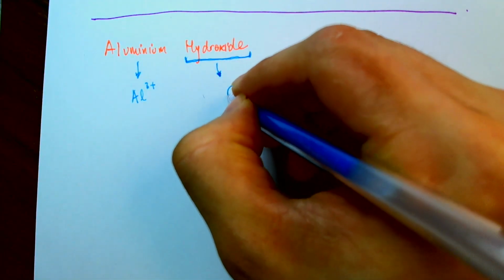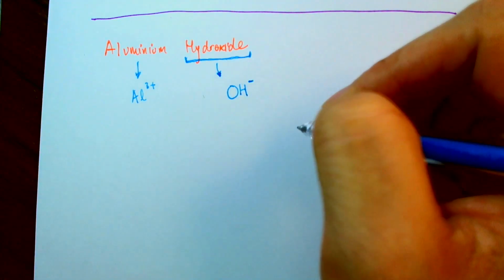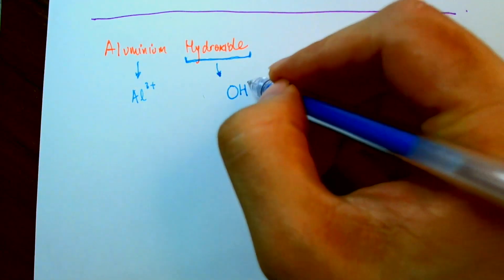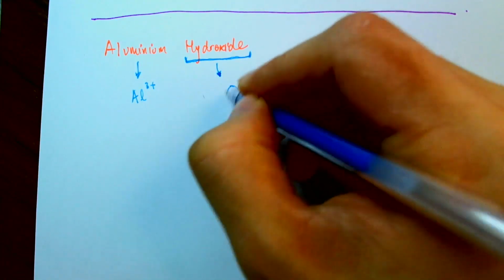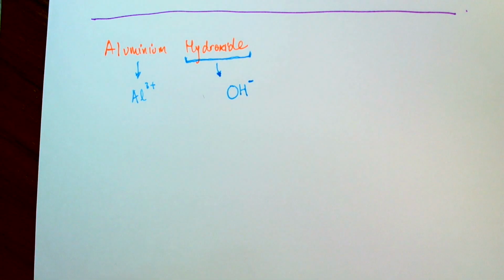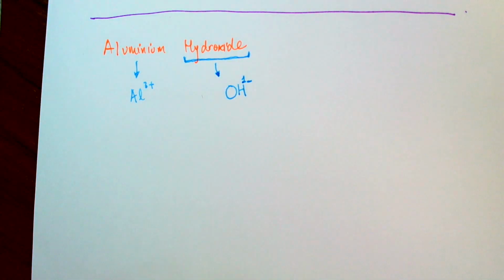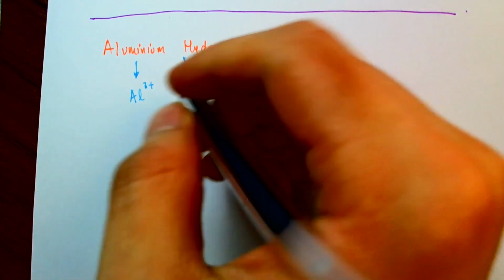Hydroxide refers to this ion, OH minus, and the minus means the whole OH conglomerate carries a minus charge, so I'll make the 1 explicit here to aid our calculation.